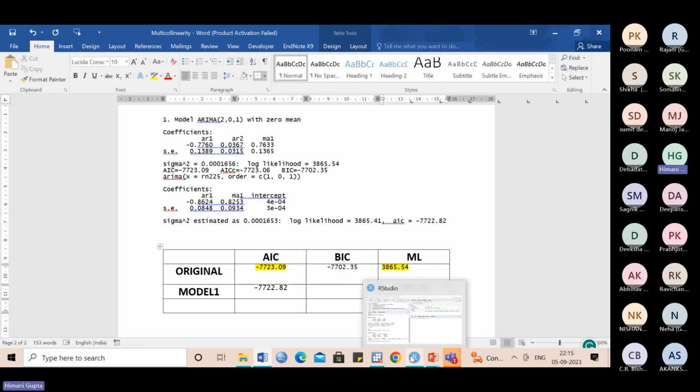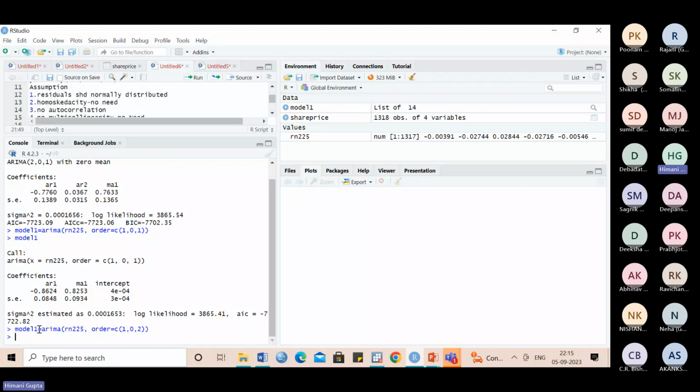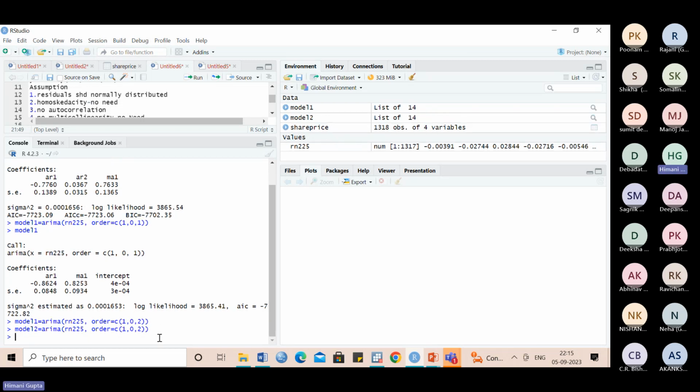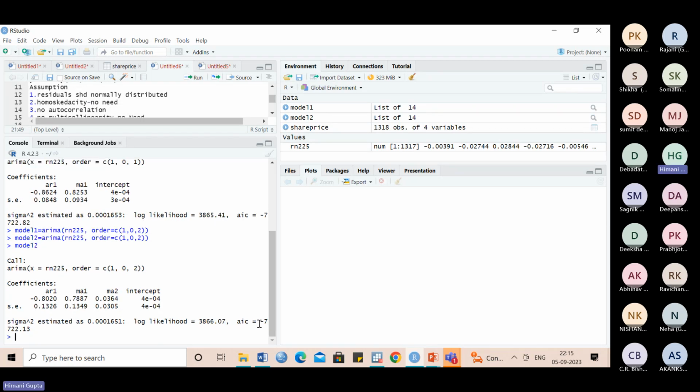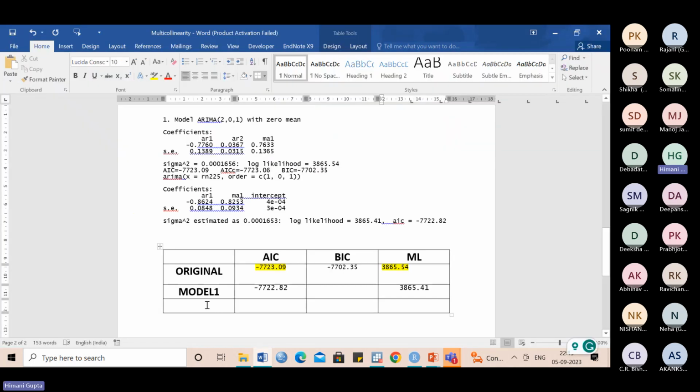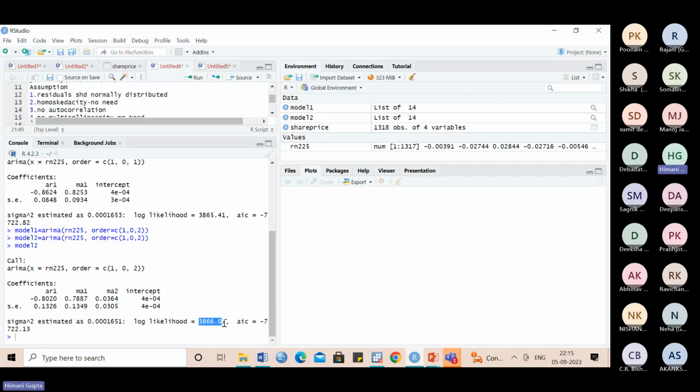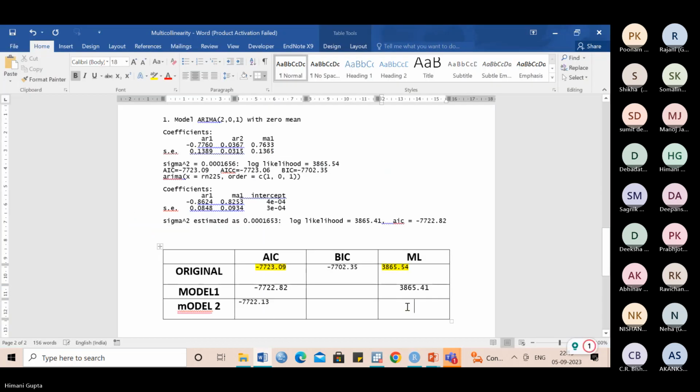Let's go with one more model. If I'm taking this model 2, let me just give the name model 2, and let me write model 2. Now see over here, AIC. Let's write AIC over here. In model 2, your AIC is this one, and your maximum log likelihood is this one.